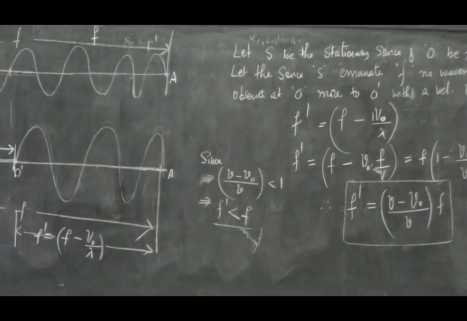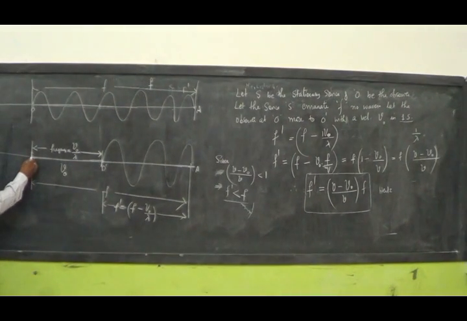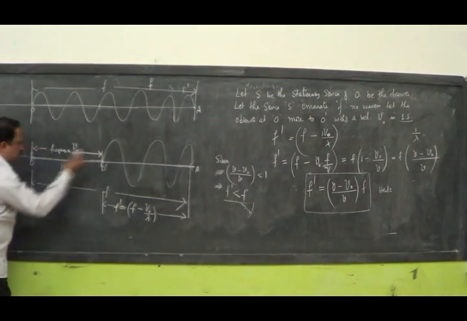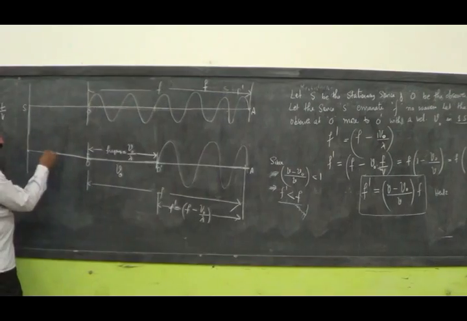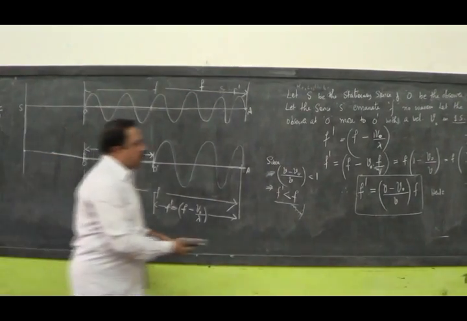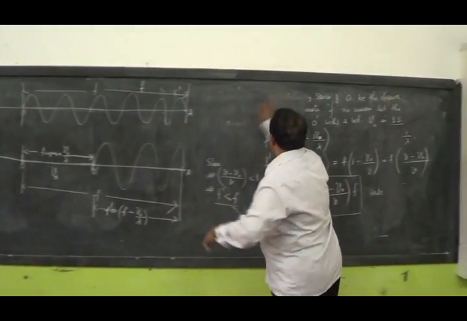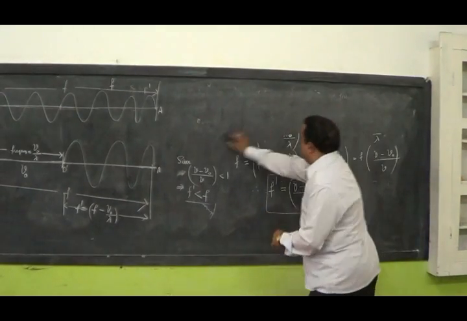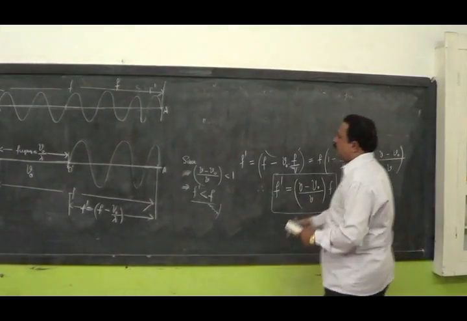Now in this context, let's also talk about the observer, instead of moving away from the source, starting to move towards the source. I am now talking about the next possible situation.